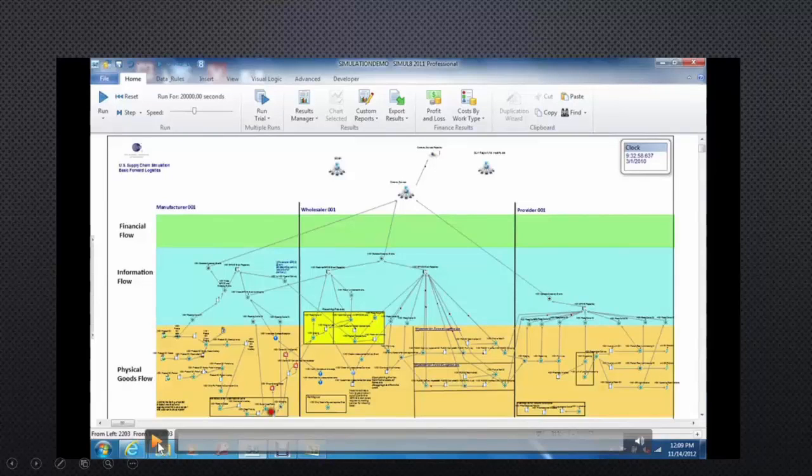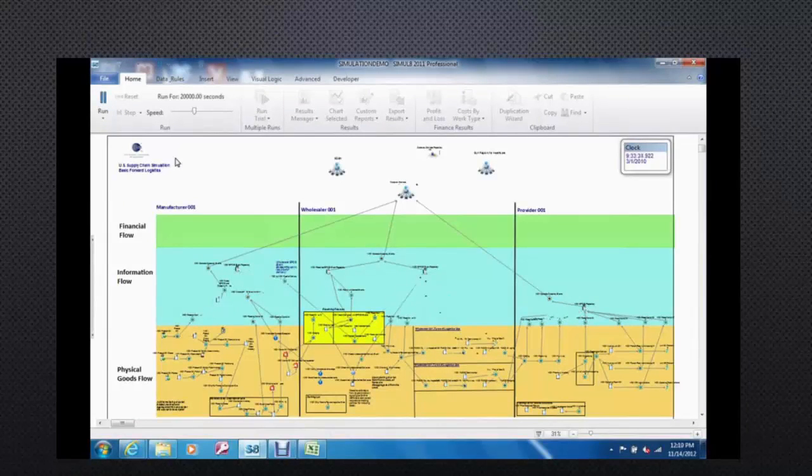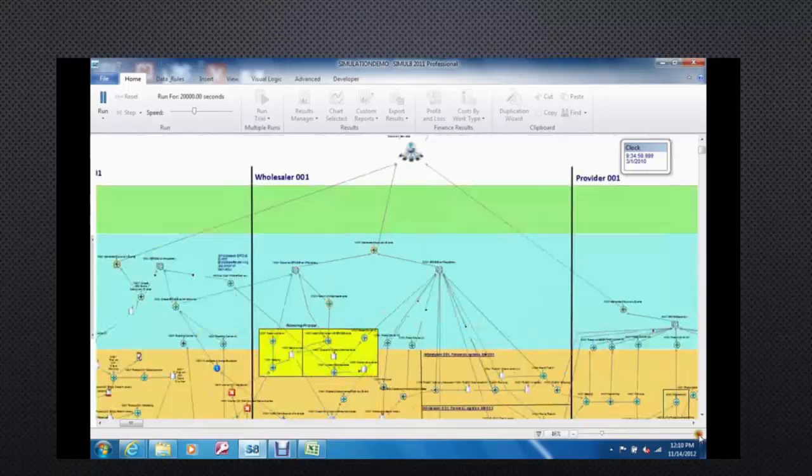Okay, so running the simulation now. Hopefully you can see the little balls. It may be a little jumpy on your screen due to internet delays, but these balls are starting to run through the simulation. Product is being created, it's being packaged, information is being captured and downloaded. I'll zoom in a little bit so you can see some of the areas.